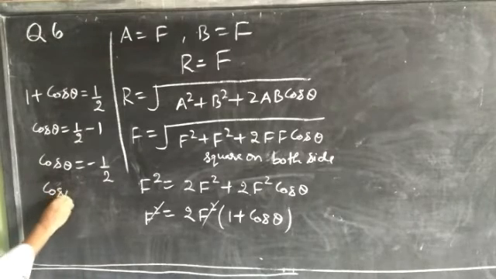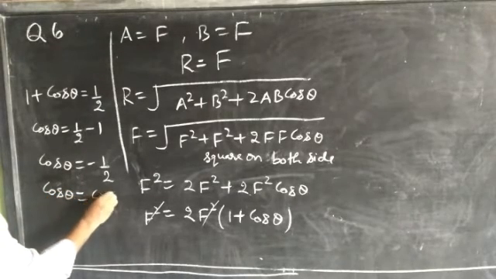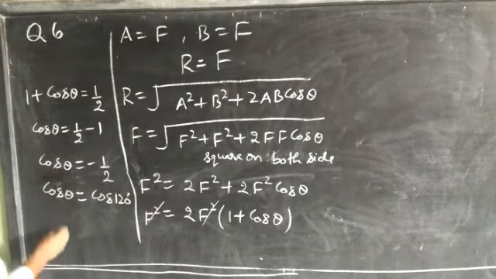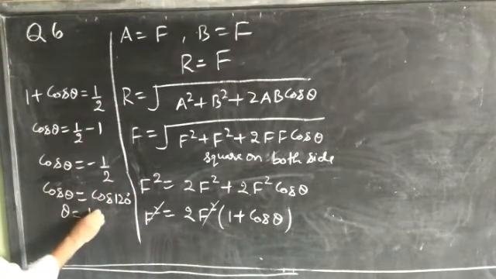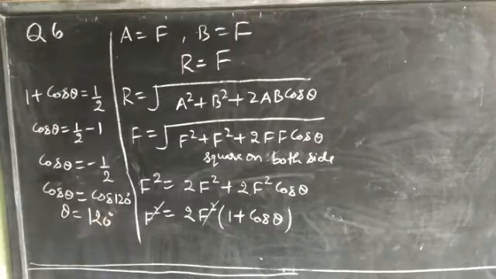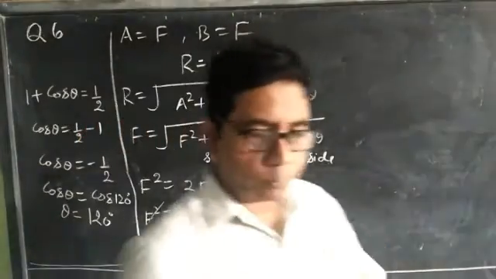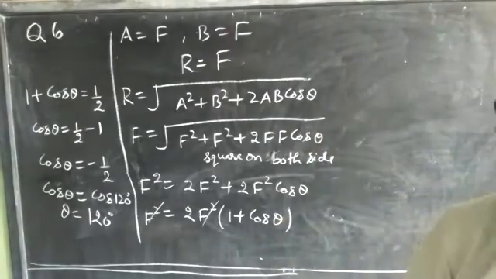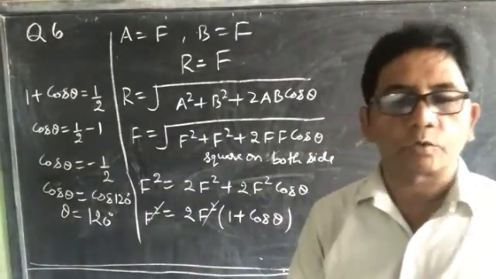Cos theta is equal to cos 120 degree. Then theta is equal to 120 degree. What is the value of cos 120 degree? You can say minus 1 by 2.